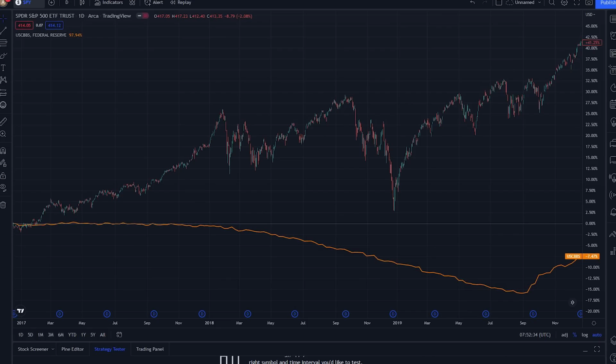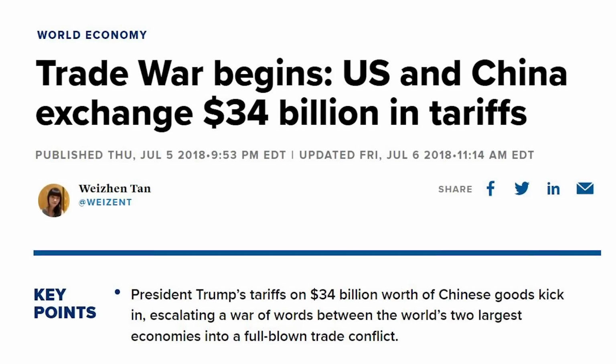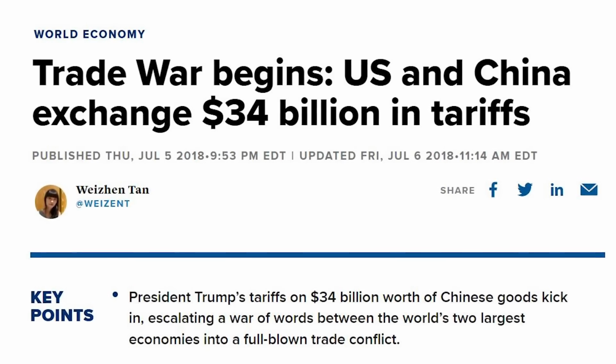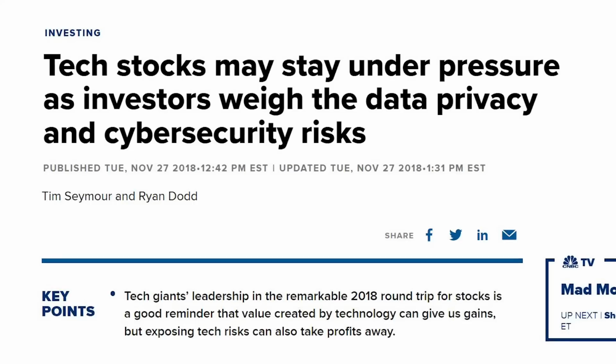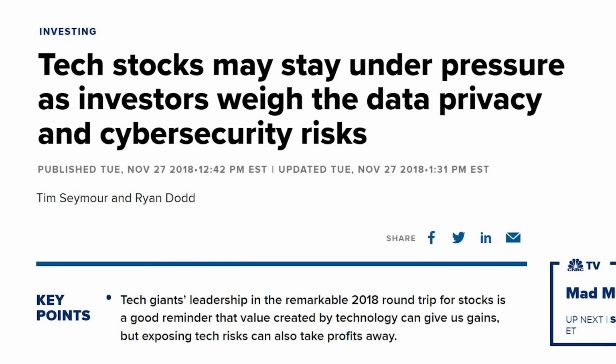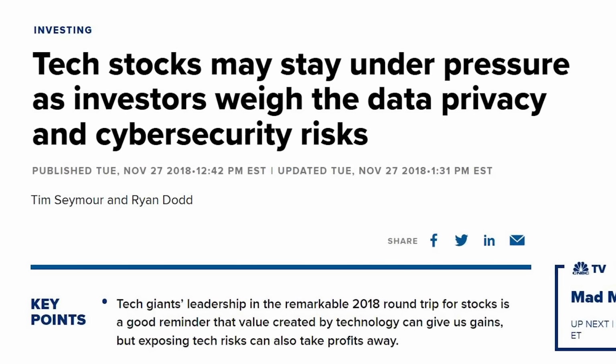Same for QT. While the market dropped by 20% during QT period, there were a lot of other factors which contributed to it. US and China were busy giving each other tariffs in their trade war. The Fed was raising interest rates during that time. The top tech companies, which make up around 10% of the S&P 500, were under a lot of scrutiny, which caused tech companies to sell off.